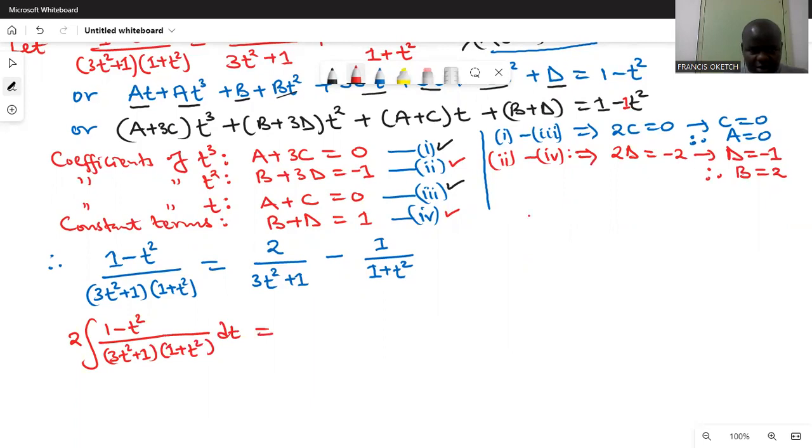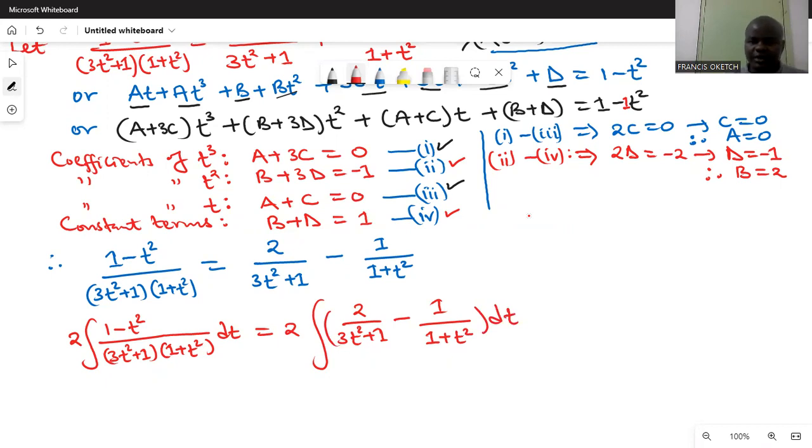That's simply the same as 2 times the integral of 2 over (3t squared plus 1) minus 1 over (1 plus t squared) dt.